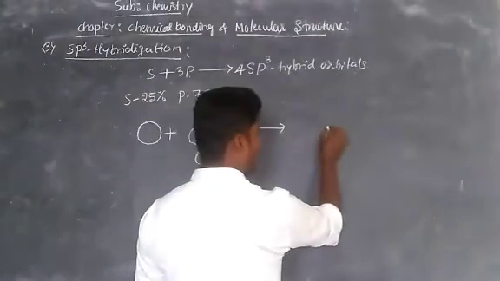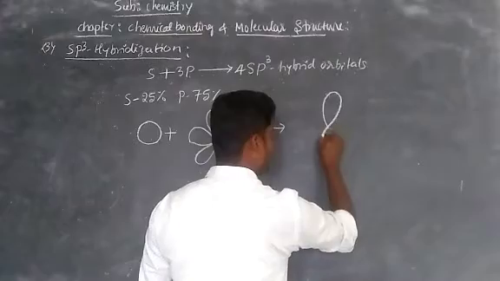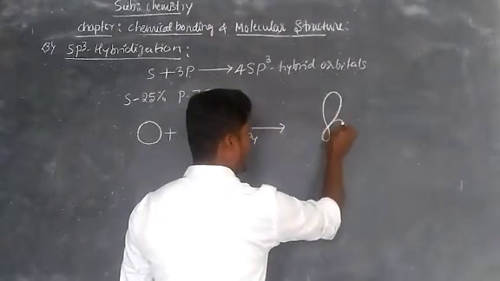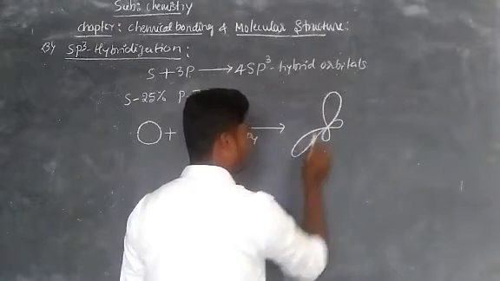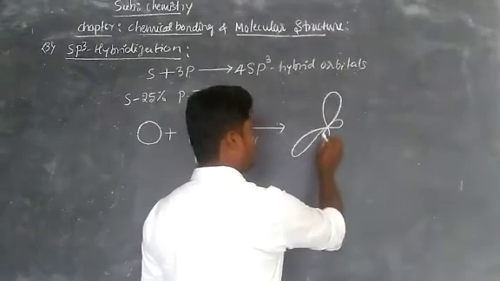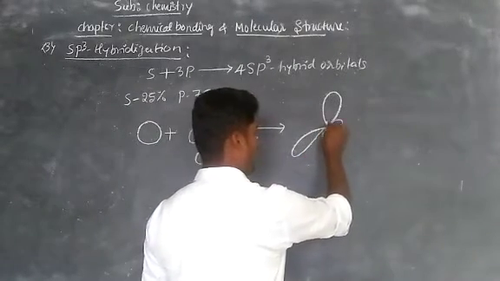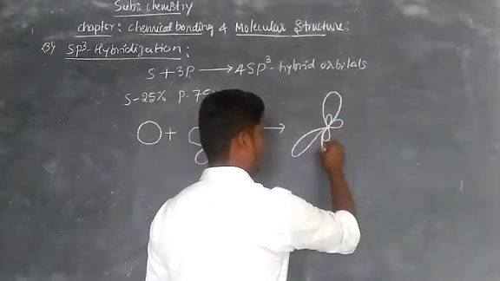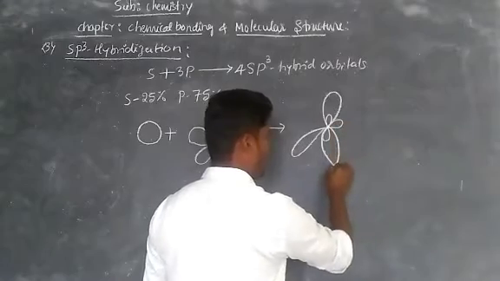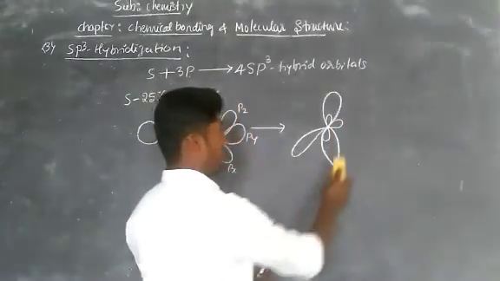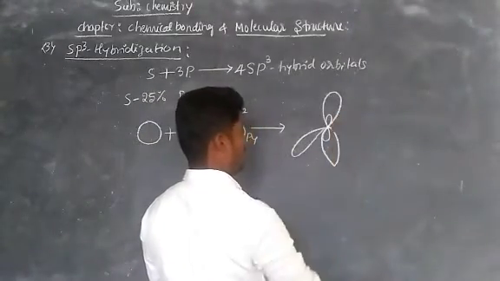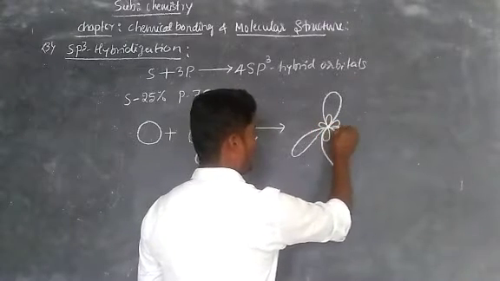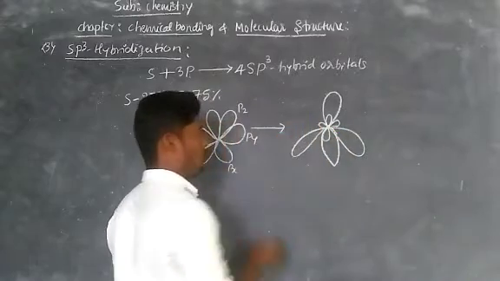Observe 4 sp3 hybrid orbitals. This is one sp3 hybrid orbital. Then this is second sp3 hybrid orbital, and this is third. Now this is fourth sp3 hybrid orbital.